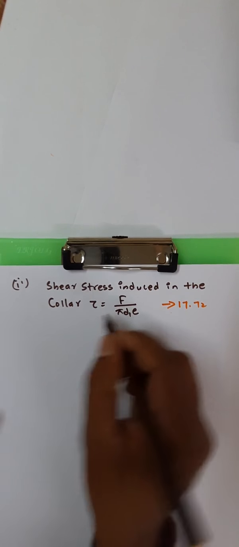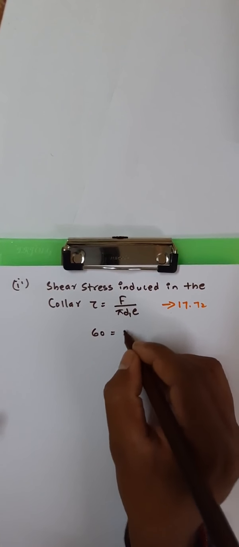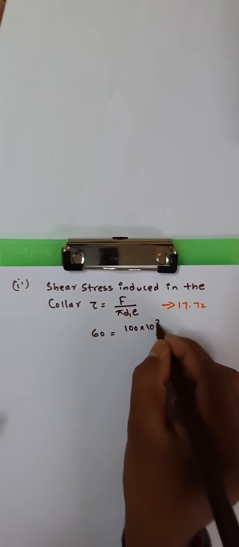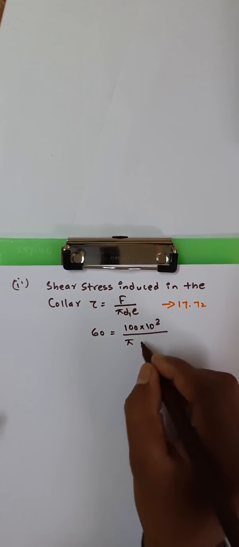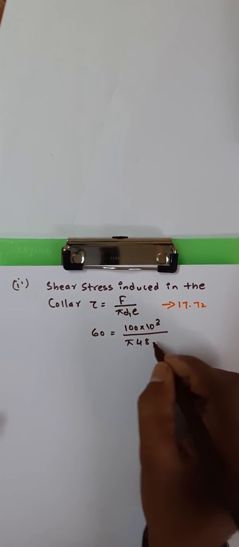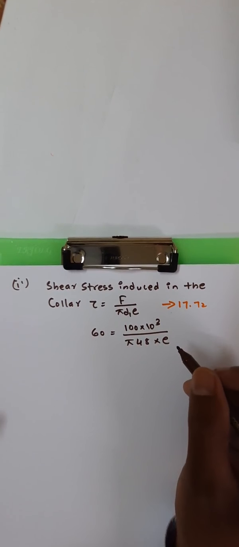If we substitute all the values, tau is 60, equal to F, that is 100 into 10 to the power 3 Newton, divided by pi into d1, that is 48, into E, which we don't know. E is the thickness of the spigot collar.